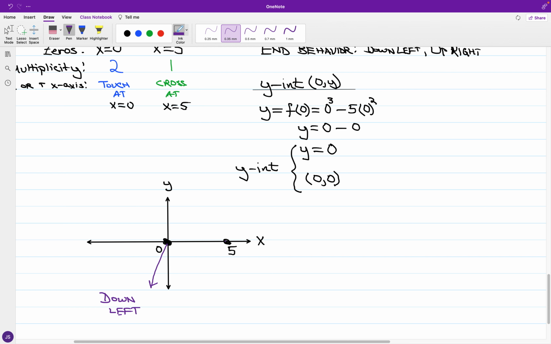And for up to the right, we have from the rightmost zero, in this case where x is 5, so you have up to the right.